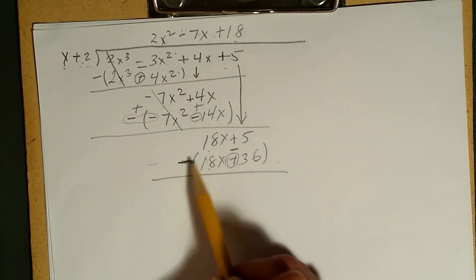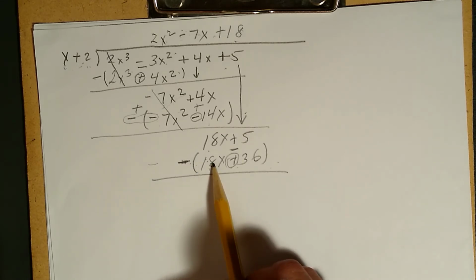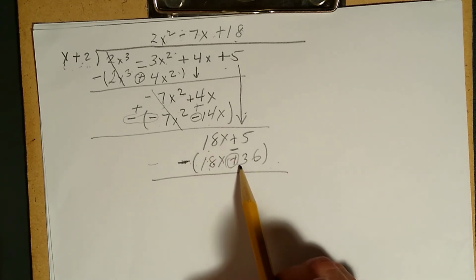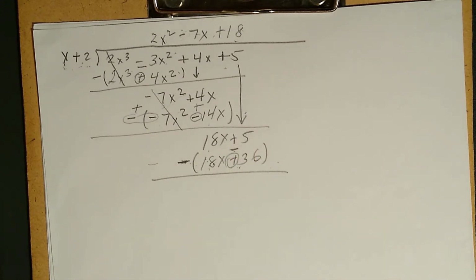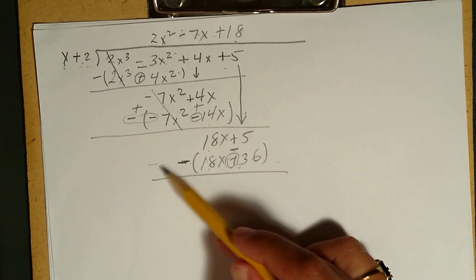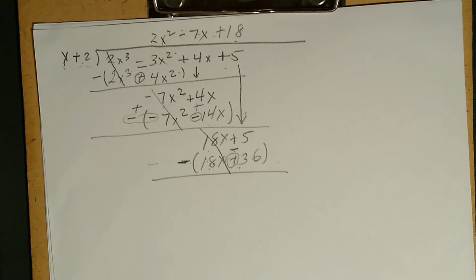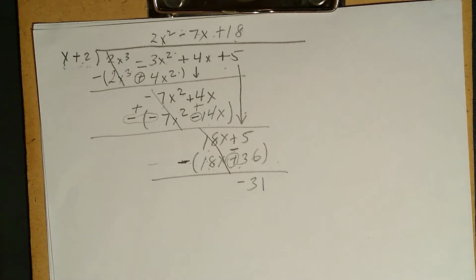So I know that we take away this negative 18, switch this positive 18 to negative 18, and then this negative multiplied into the positive 36, you have to change it into negative 36. Now that we have a positive, take away a negative 18, we can cancel this out, and we're left with a negative 31 remainder.